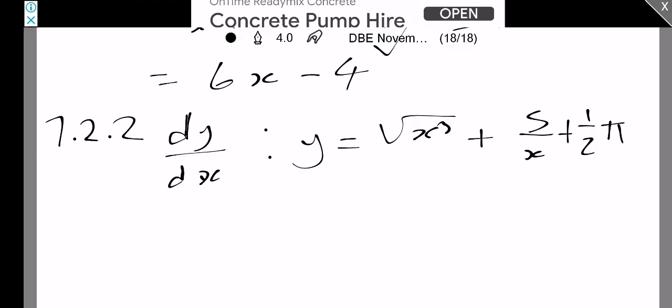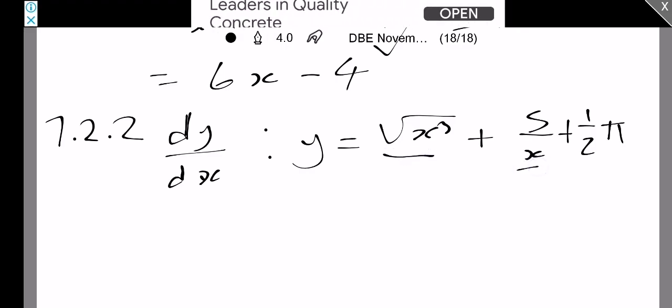Now guys, what you've got to do is apply the rules. We have to convert all the surds and all the fractions to exponential form. We have got a surd here, we've got a fraction there. So let's convert them.